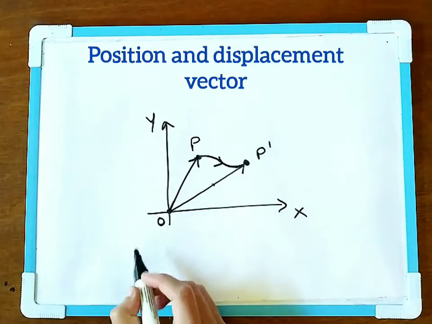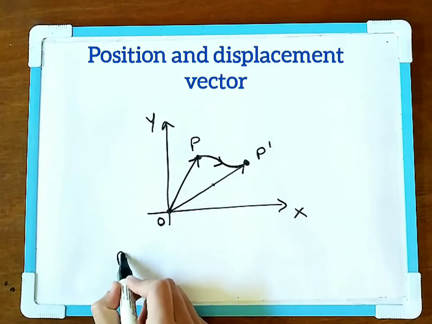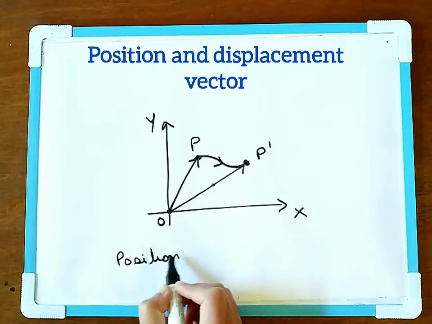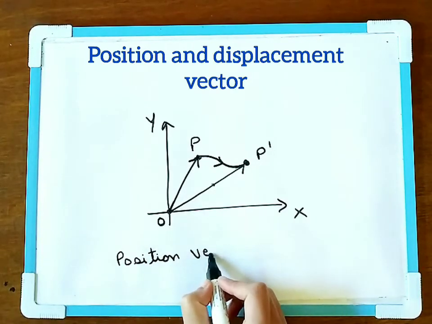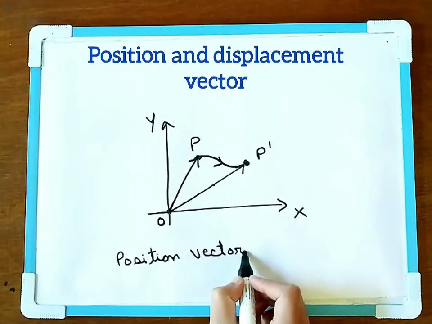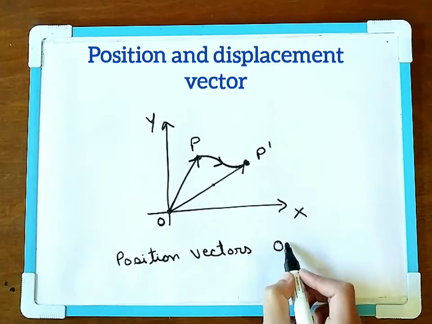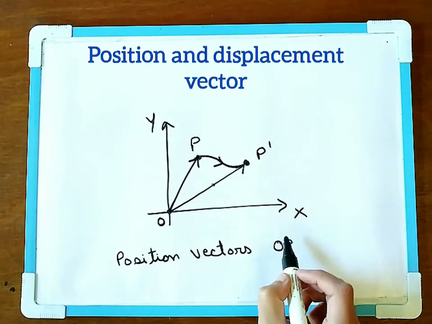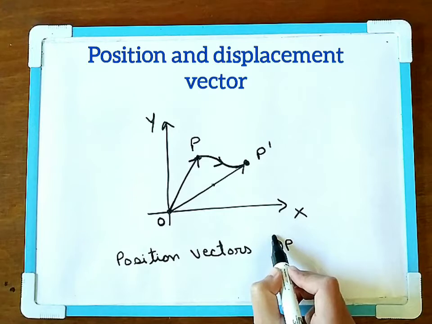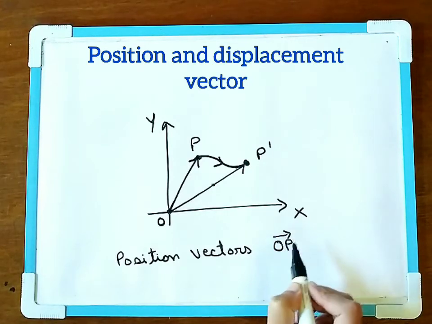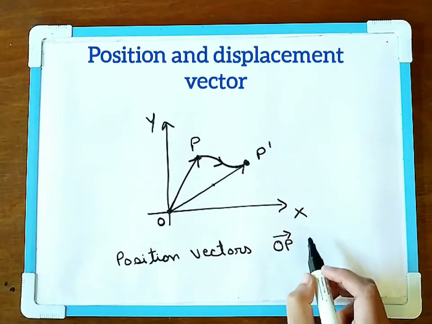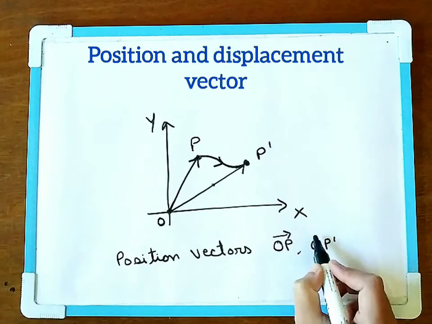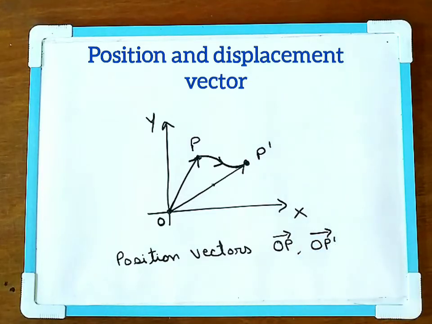So in this case we have the position vectors OP. Remember, how do you indicate the vector? By drawing the arrow above the vector quantity. So here OP with the arrowhead, and OP dash is also with the arrow.